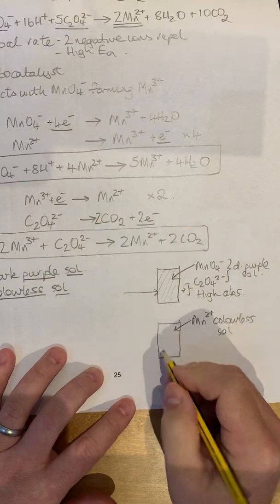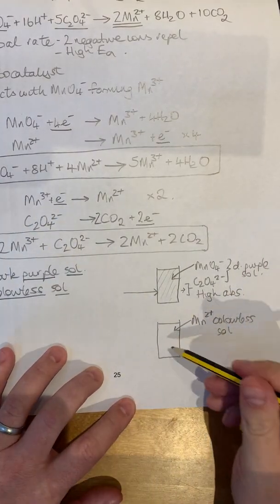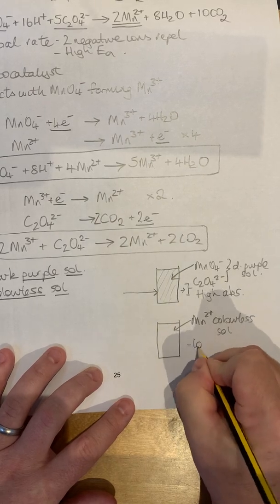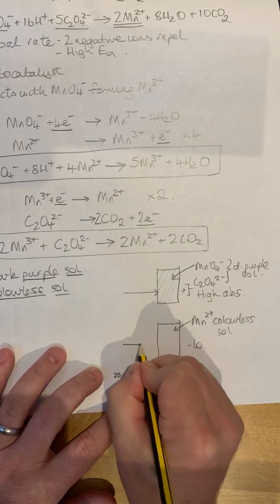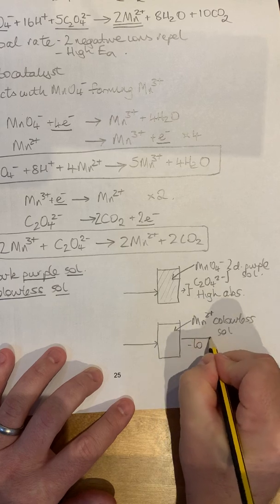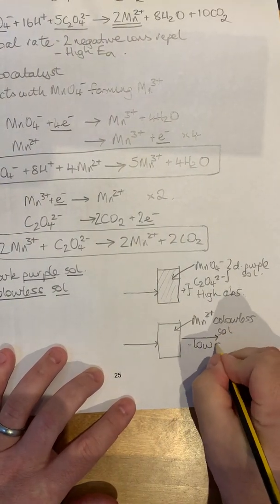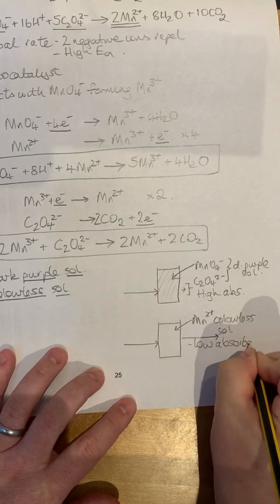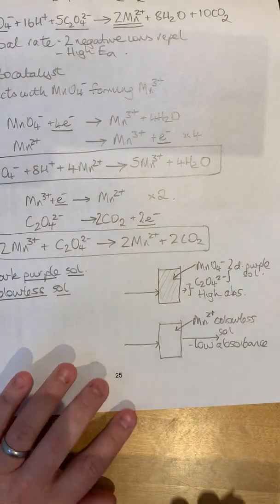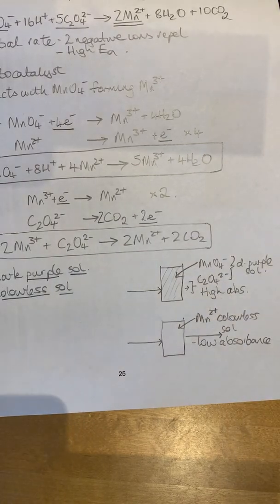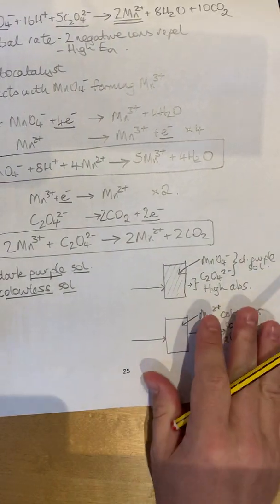The other product, carbon dioxide, would have hopefully bubbled away, and we just have water in there. So all of our light will now pass through. So it will have a low absorbance. Now we can track this over time by monitoring the change in absorbance from that spectrophotometer.